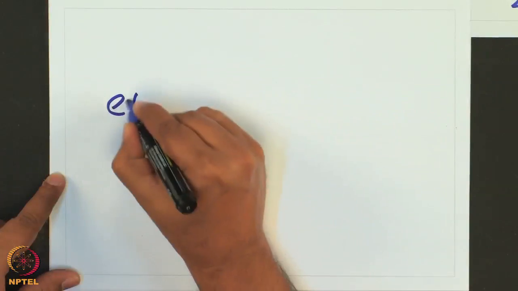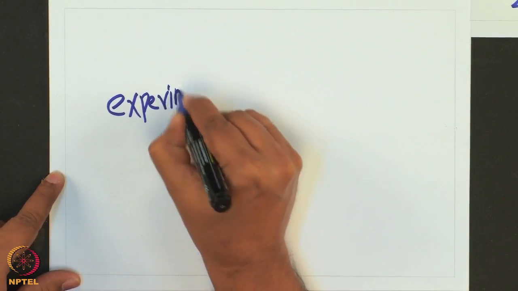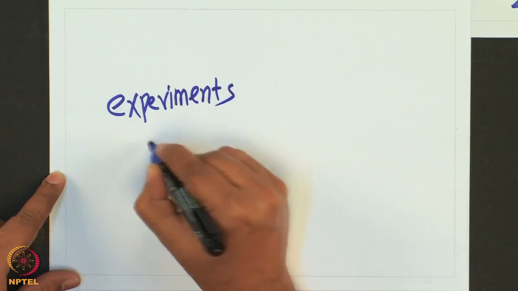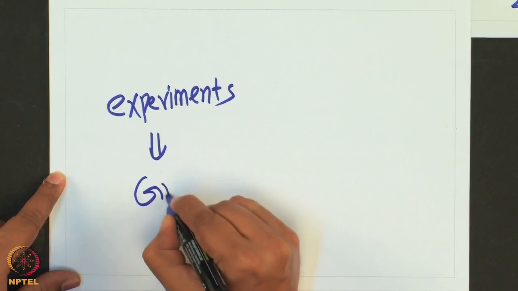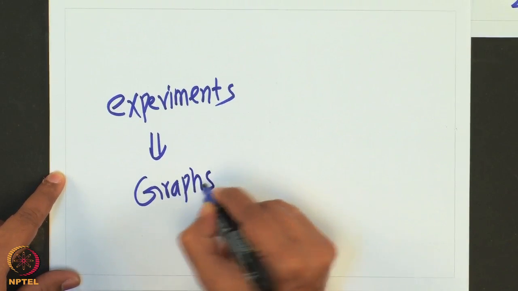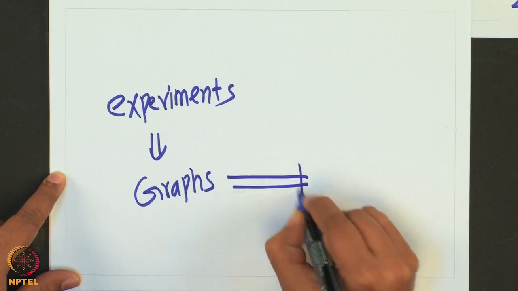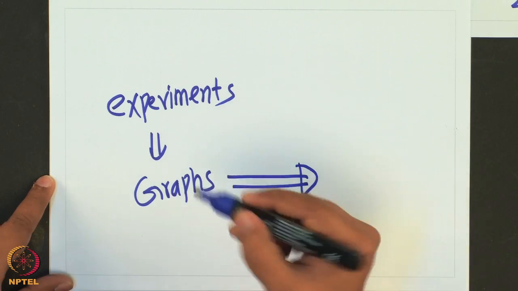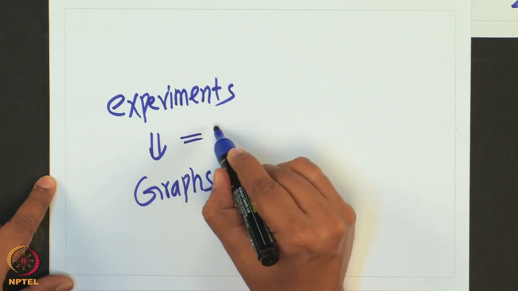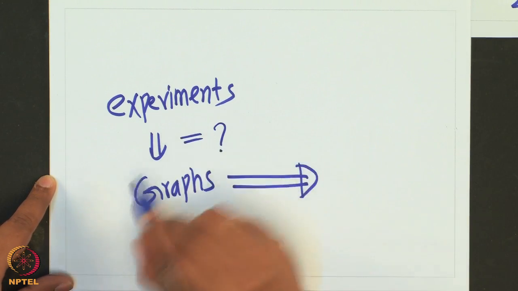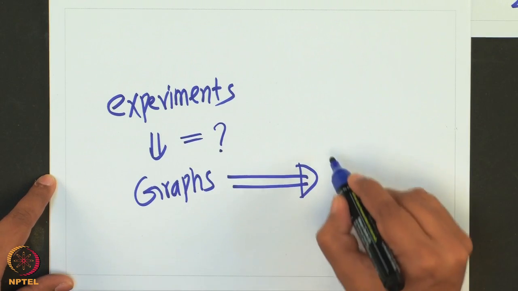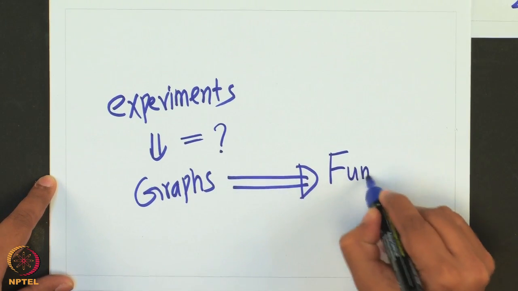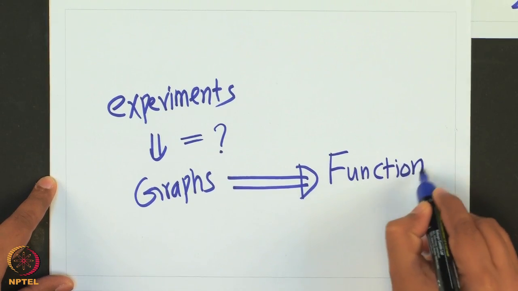Experiments produce graphs. First of all, how to plot a graph, how to think of an experiment that would lead to a nice graph. There are some interesting questions here which we would briefly discuss, but graphs are related to mathematical functions.